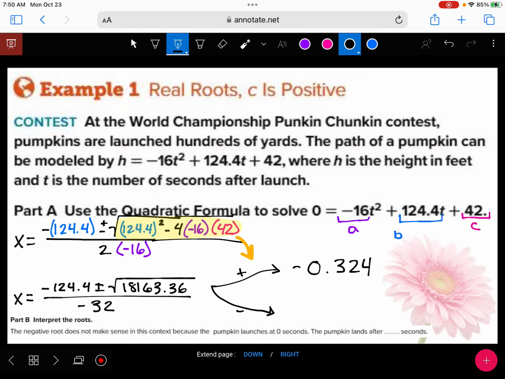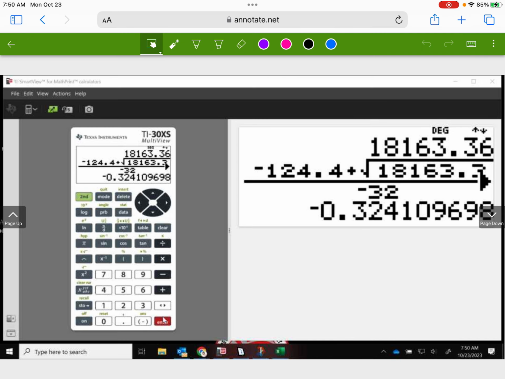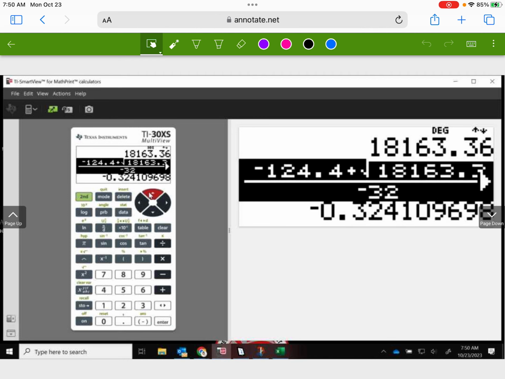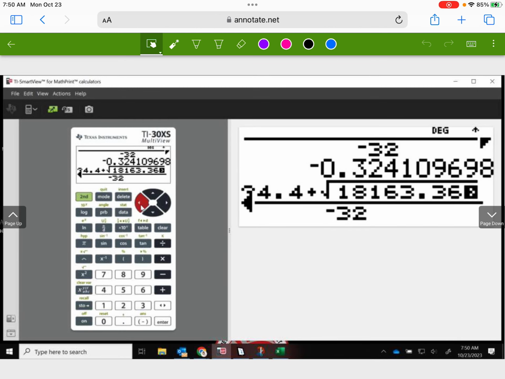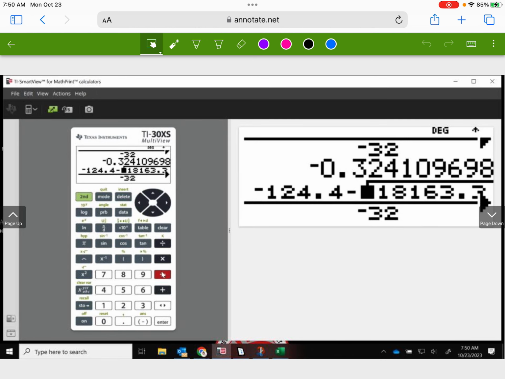We're going to go back and do the plus, and I'm going to show you a shortcut on this. Instead of having to type the whole dang thing back out, I'm going to hit up, up, where it highlights my problem. Then I'm going to hit enter, and it copied it. So then all I got to do is go back enough times to get to that plus sign, switch it to a minus, and rock and roll.